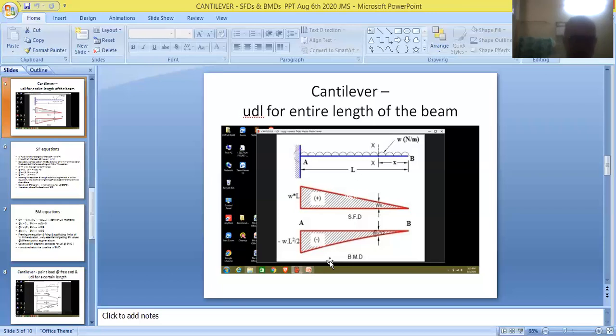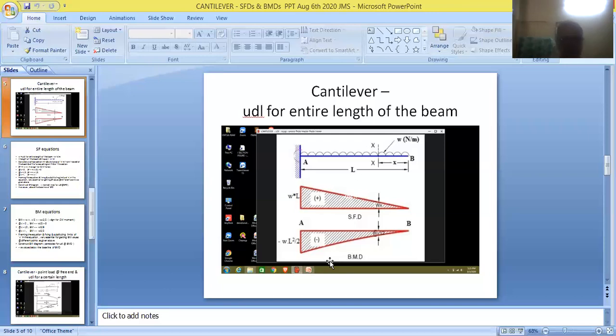So a plus symbol is written inside the SF diagram, indicating all the positive values of SF, and a minus symbol is written inside the bending moment diagram, because all the bending moment values are negative.